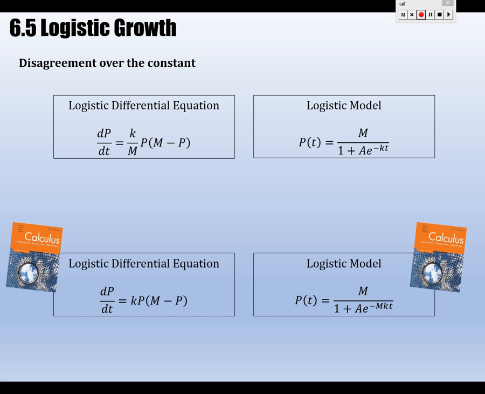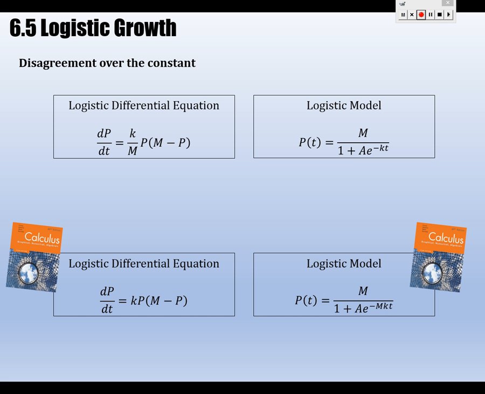They're not the same. In fact, what is the relationship between these? If you see in one of the problems we're going to do soon, they give you a differential equation like 0.01 p times (500 minus p) or something like that. If you love our way of doing it, what would K have to be? If the carrying capacity is 500, and this thing they stuck out here is 0.01, how would you calculate our K value?